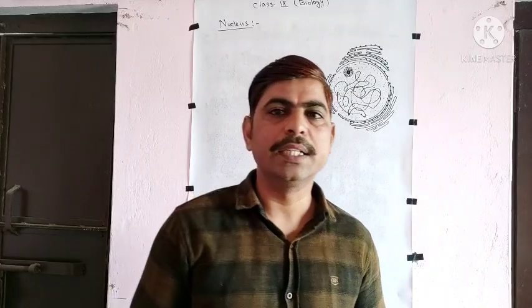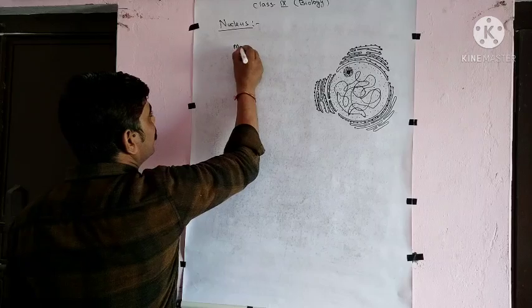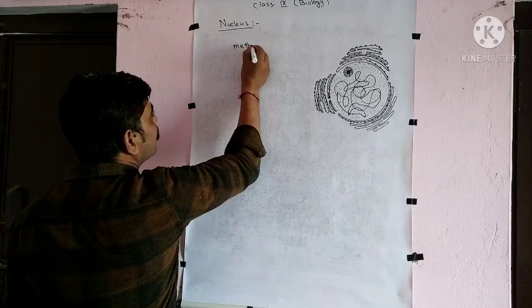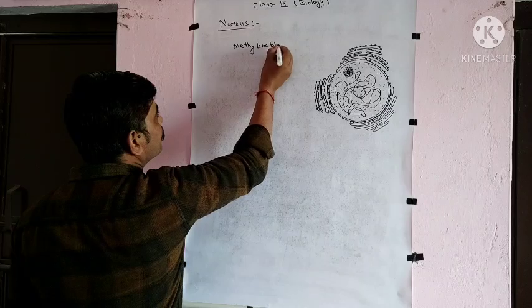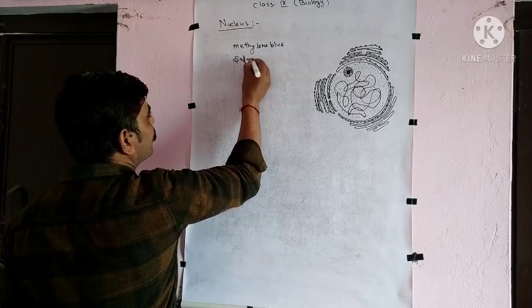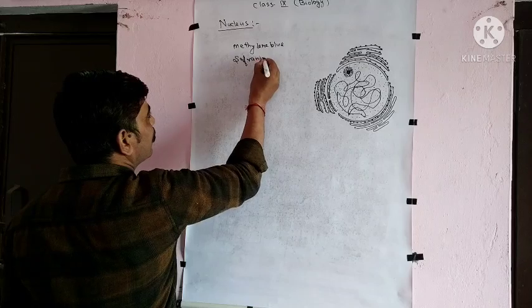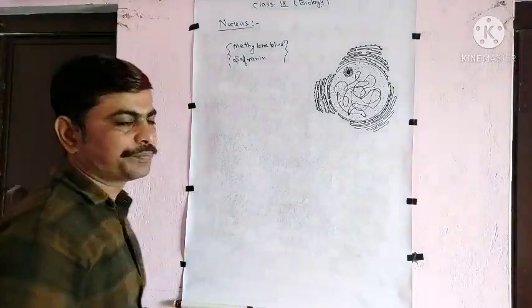So there is a need of stain, and that stain can be methylene blue or safranine. Okay, so these are the stains.